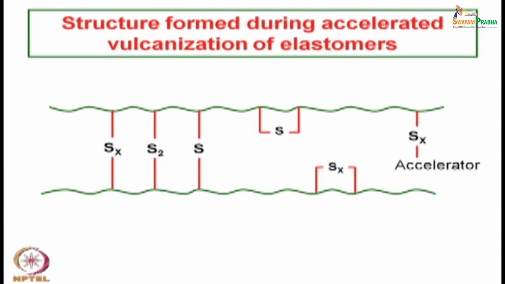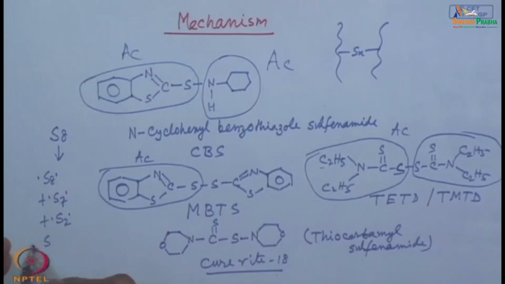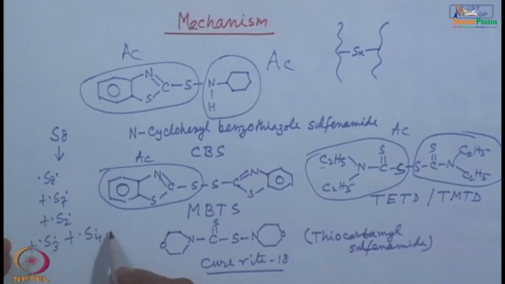As I mentioned, when sulfur is used for vulcanization of diene rubbers along with accelerator and accelerator activators, there can be various different types of linkages. Now, this SX represents polysulfide linkage. Sulfur actually remains as S8 ring. That decomposes to S7 or S2 or S3 or S4 or S5 like this.